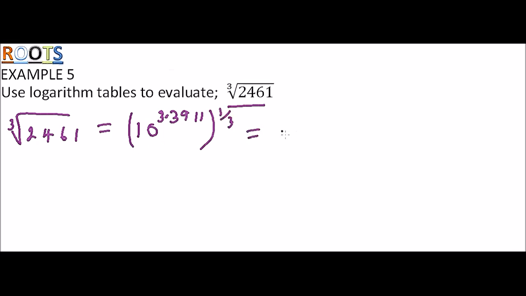So when you open the bracket, you get it is 10 to power 3.3911, and we are supposed to multiply by a third because it's a cube root. So when you multiply, you divide 3.3911 by 3, then you get it is equals to 10 to power 1.1304.